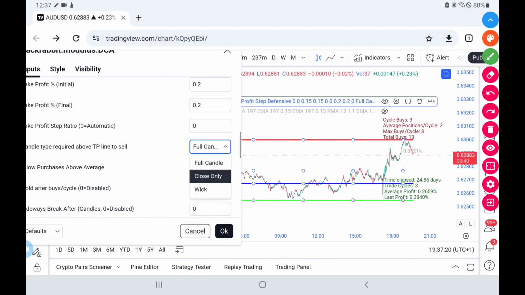By moving to close only, we haven't really changed much. So close only versus full candle may or may not have a big difference. Now let's look at wick only.